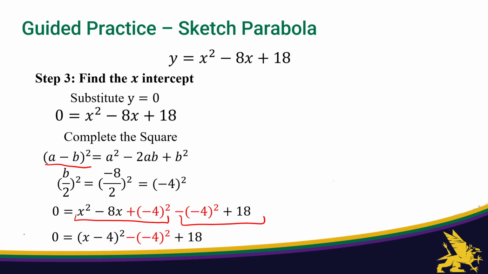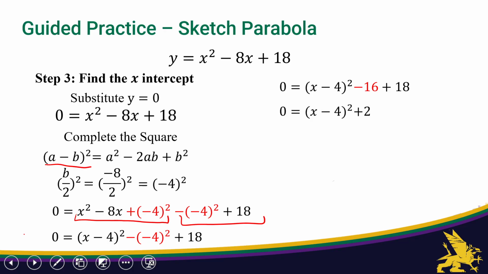I can then simplify this. So negative 4 squared is 16. Then I've got negative 16 plus 18, which is plus 2. To get rid of the power of 2, a square root, if I wanted to solve, but currently it's in turning point form.